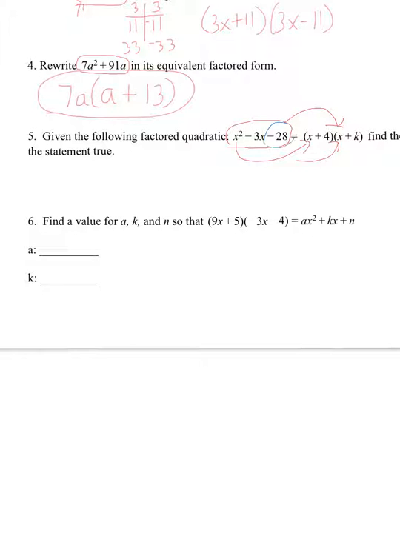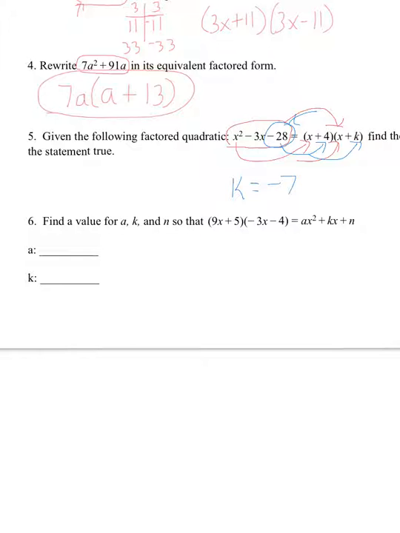This c term comes from the multiplication of the last 2 terms. So basically, all you're figuring out here is what value of k is going to make this statement true. What times 4 will equal negative 28? And so the answer to that is that k equals negative 7. Okay?